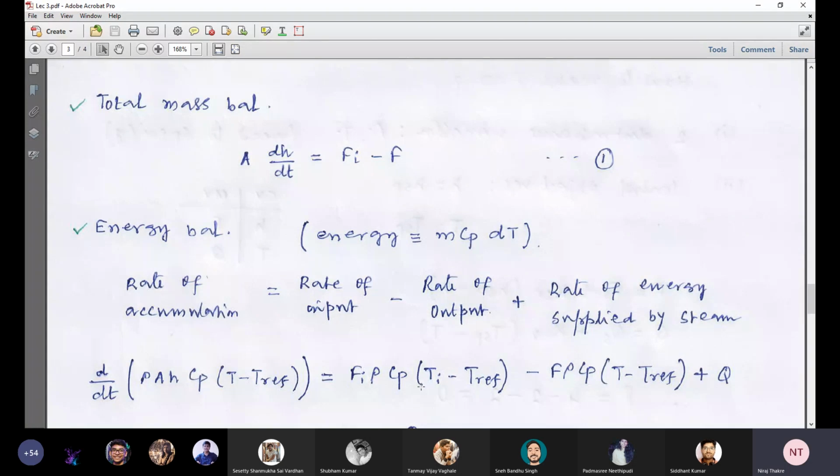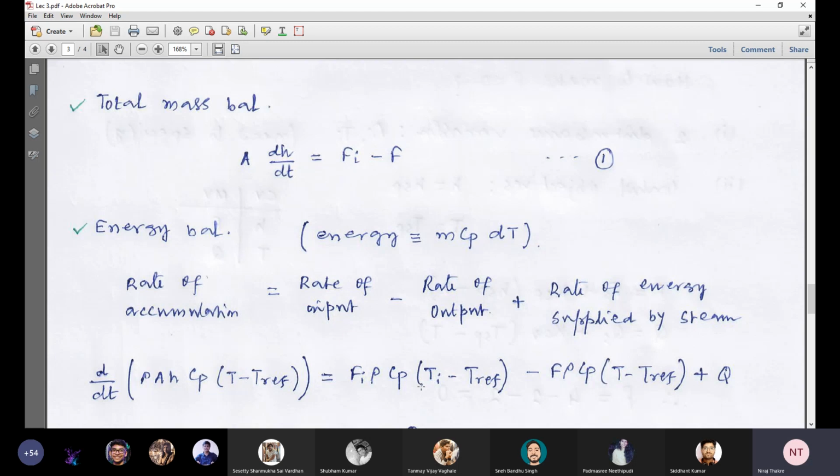Do you know any data book which is very common in chemical engineering? Anyone know any book? Perry's handbook, good. Now there is another popular book, The Properties of Gases and Liquids, written by many authors.